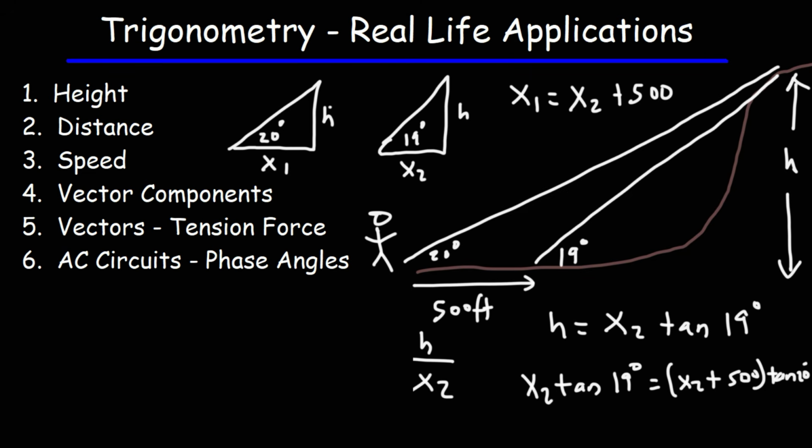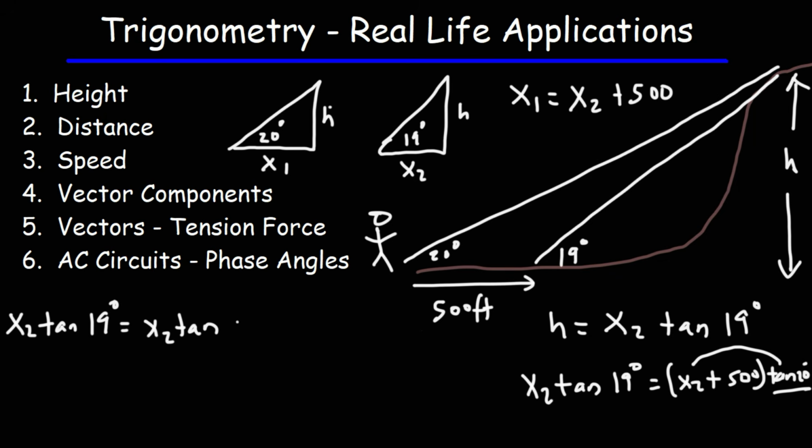Now let's solve for X2. Let's distribute tan 20. We have X2 tan 19 equal to X2 tan 20 plus 500 tan 20.